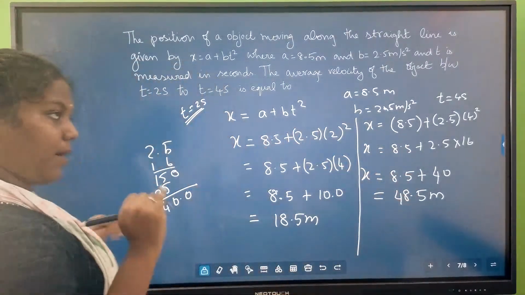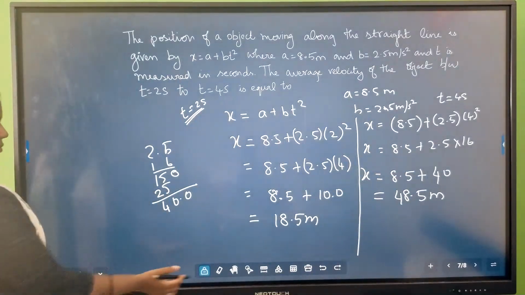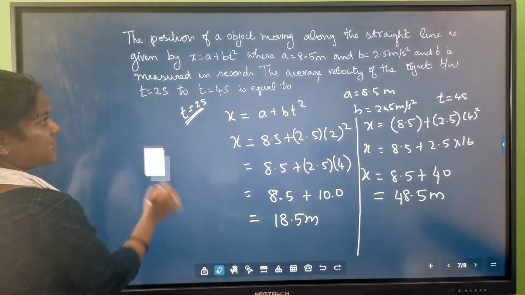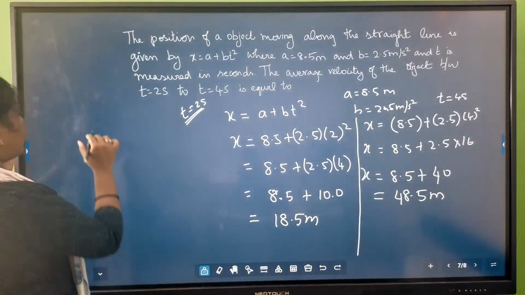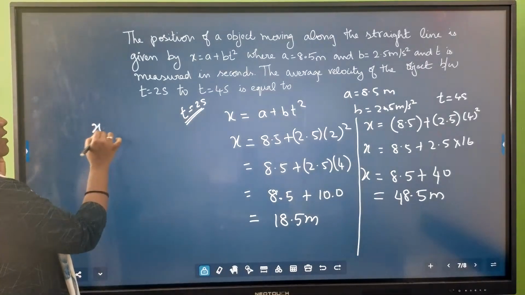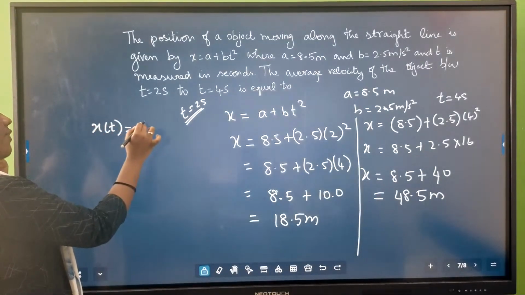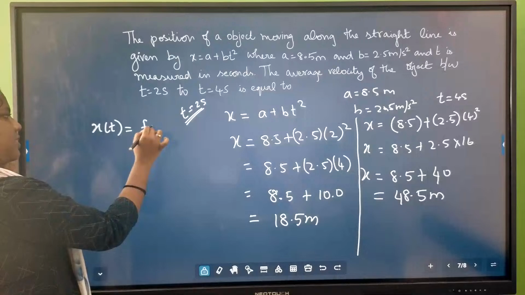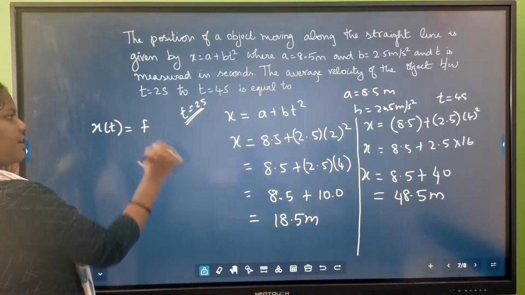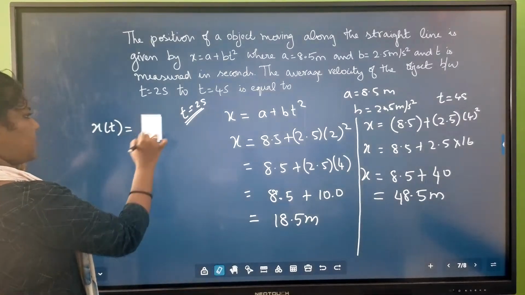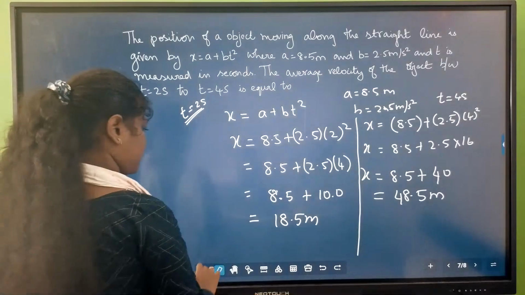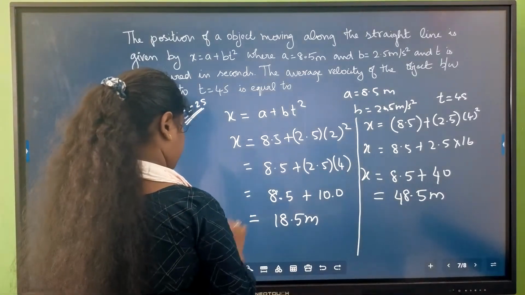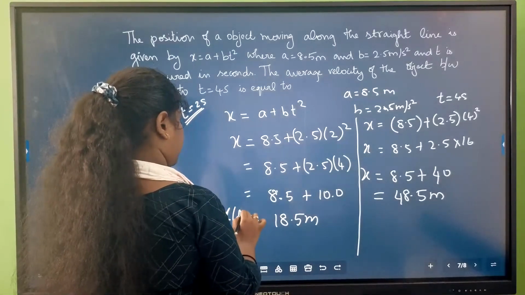See, we have asked for average velocity, right? Average velocity is final position minus initial position. Let's name the position x of t.